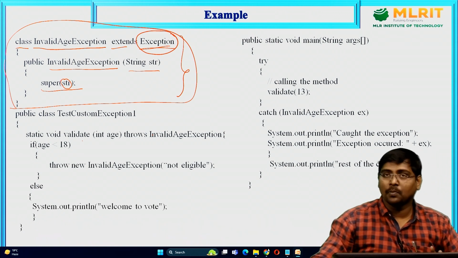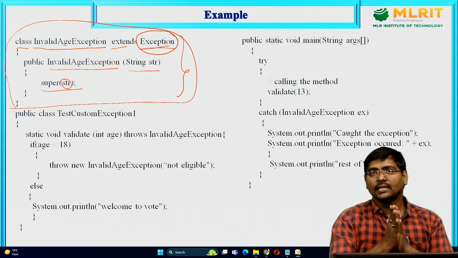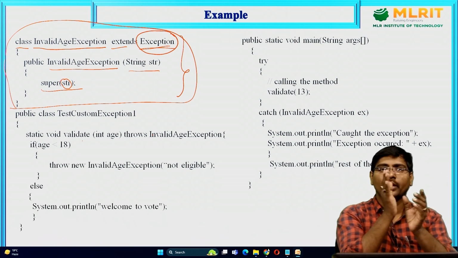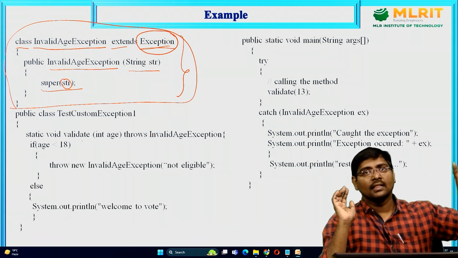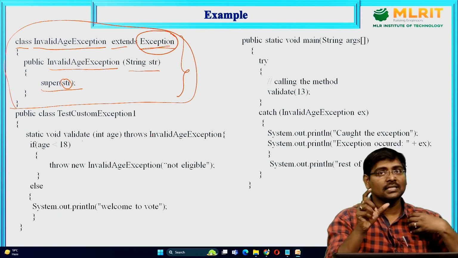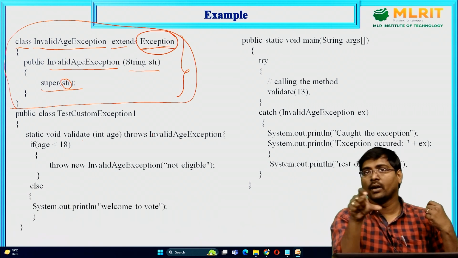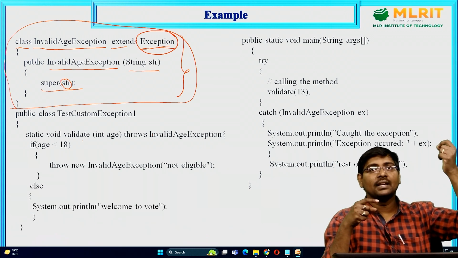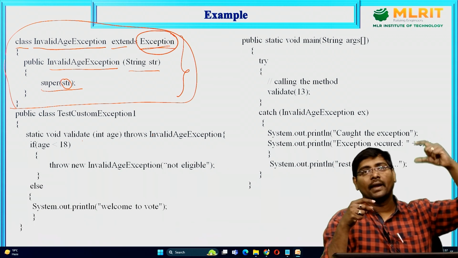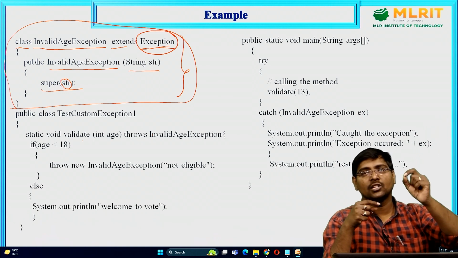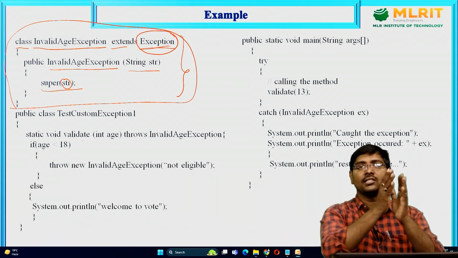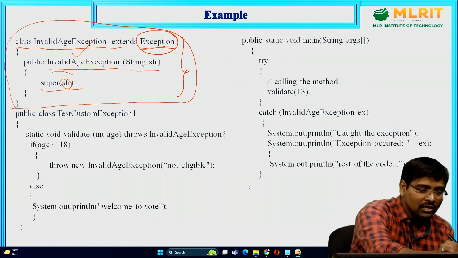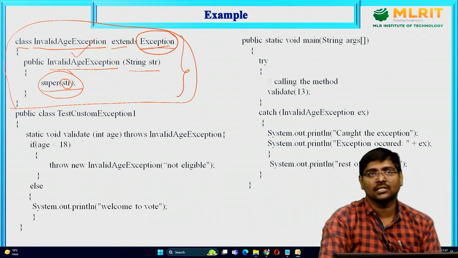Again I will repeat: like ArithmeticException, you need to create one exception. The ArithmeticException class is not visible to us; directly you create an object. Why? It is available inside the lang package, and by default at the time of its creation it extends Exception. Like this, I create this class and the constructor of the super class.